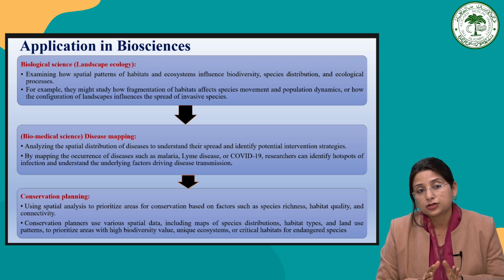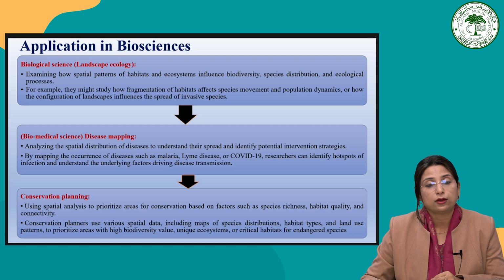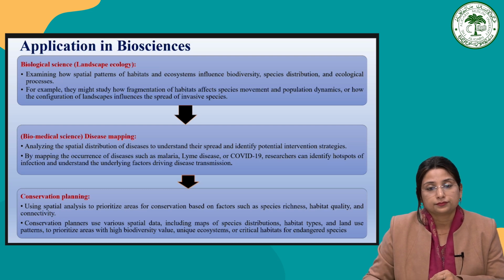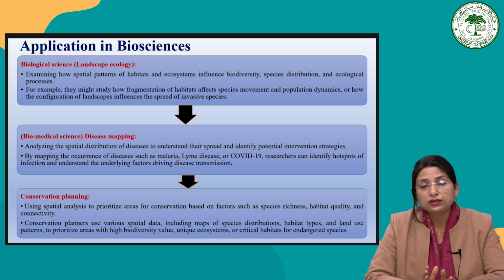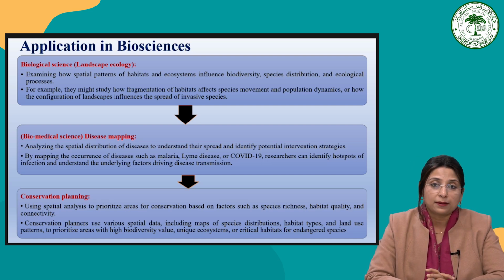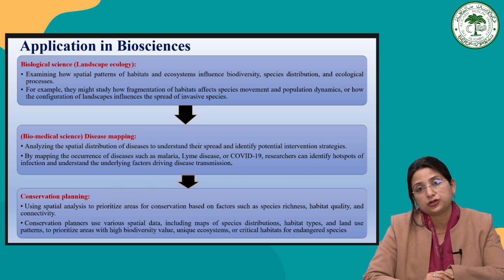So what is the application of spatial analysis in biosciences? Starting with landscape ecology, this field focuses on understanding how the spatial arrangement of different habitats in an ecosystem influences ecological processes and patterns in a certain spatial unit.